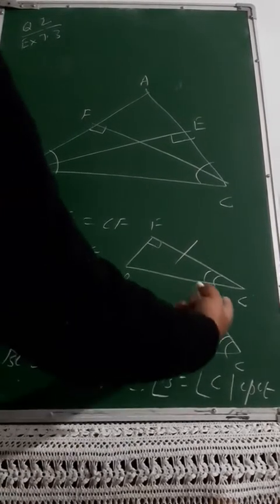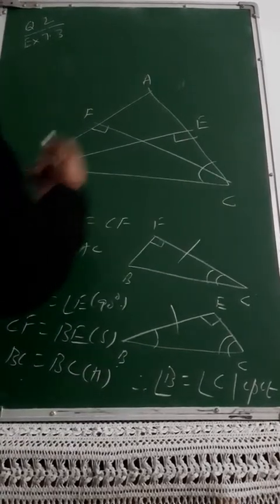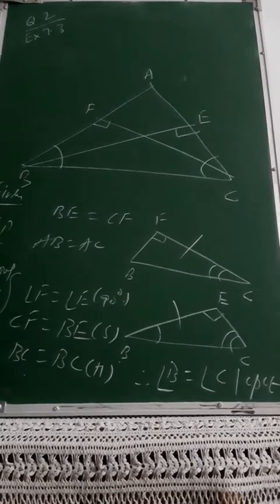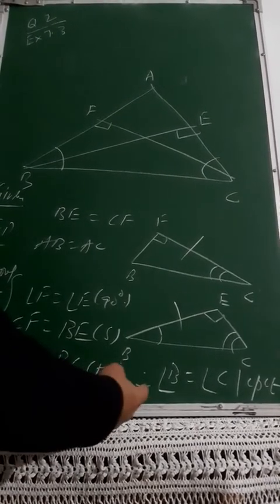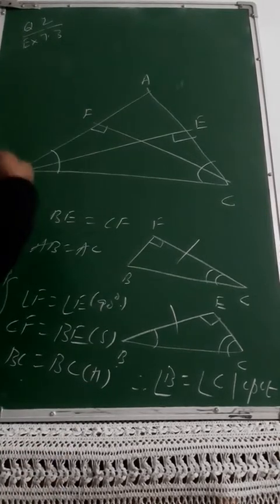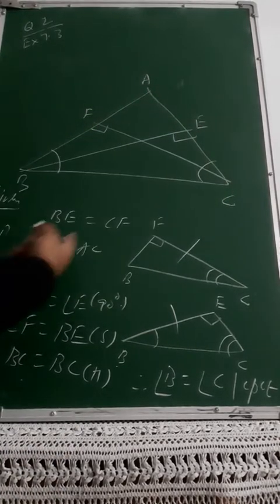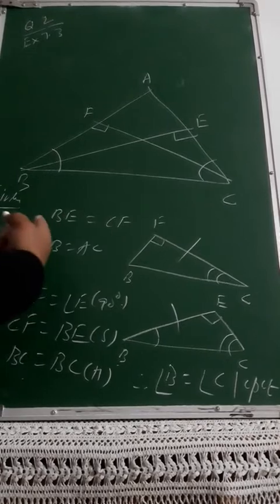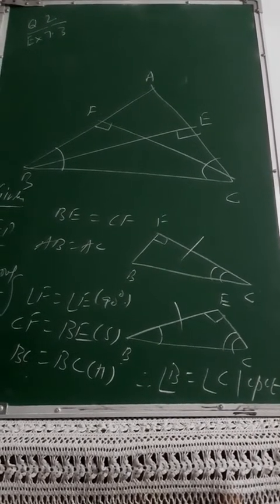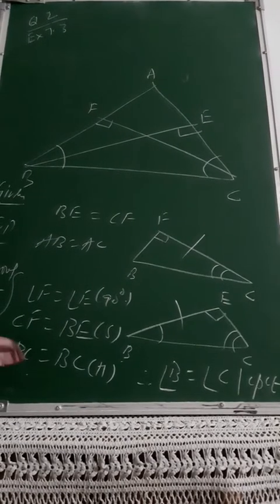And here if you are reading ECB, ECB can also be read as ACB. Why? Because A, E and C are all collinear. So finally when you are writing B is equal to C on behalf of these two triangles, you can read it as ABC is equal to ACB. So by the converse of isosceles, you'll be able to write finally AB is equal to AC. That is the solution for your question number 4.